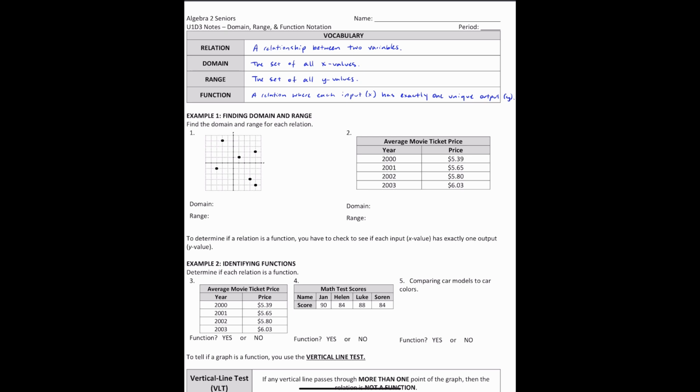Then that is going to break the uniqueness rule, right? 2 can only be paired with one y value. So if you have 2 comma 3 and 2 comma 7, the x values repeat, therefore it is not a function. If x values do not repeat, then it is a function.